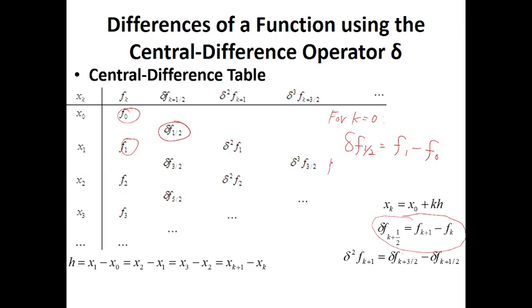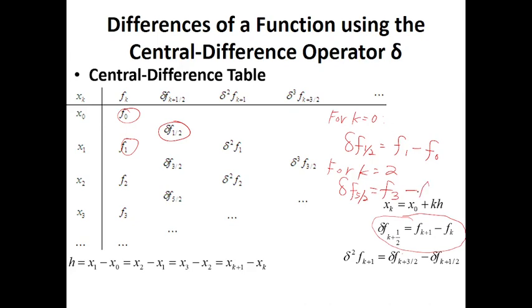Another example, let's say k equals 2. So that is delta f sub 2 plus 1 half, that is 5 over 2. And f sub k plus 1 is 2 plus 1, which is 3.